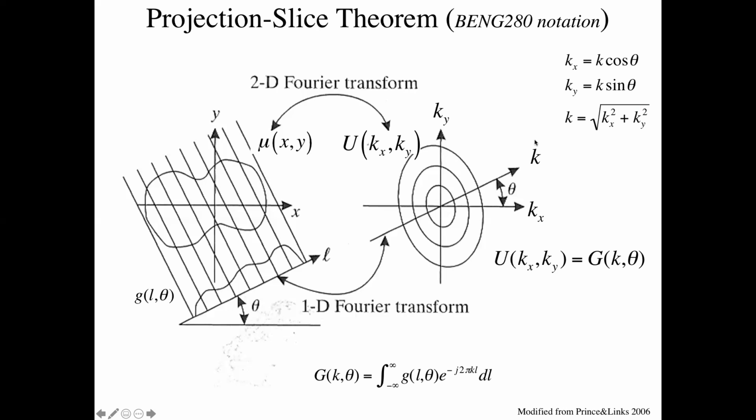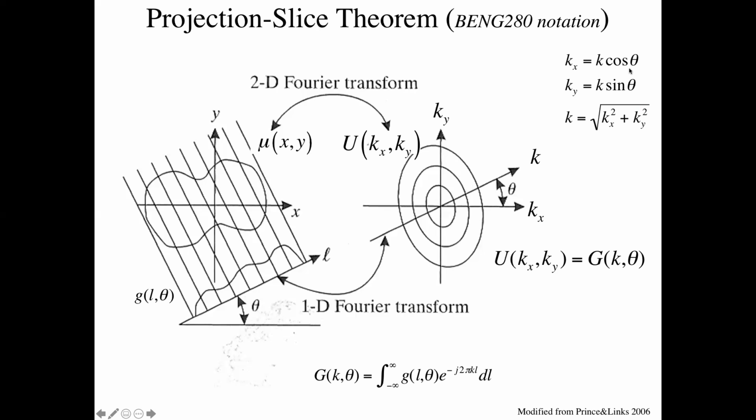So what we're going to do is also look at the Fourier transform of this object in polar coordinates in the Fourier domain. Any point in the Fourier domain, kx and ky, can be encoded with what is essentially a radius in the Fourier domain and an angle, right?